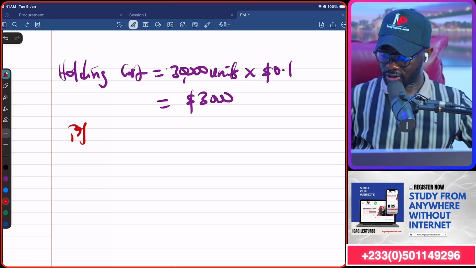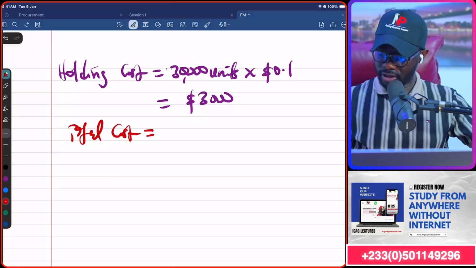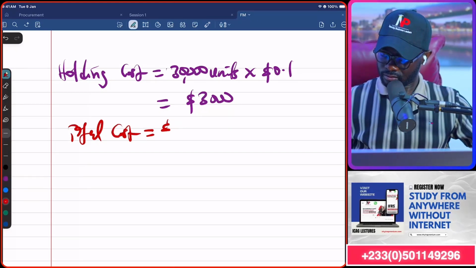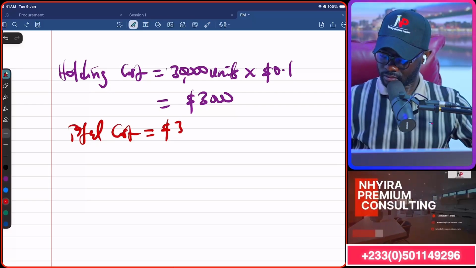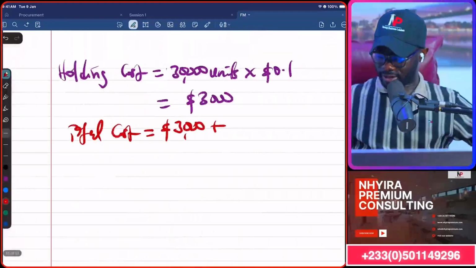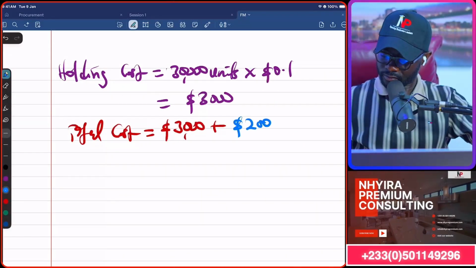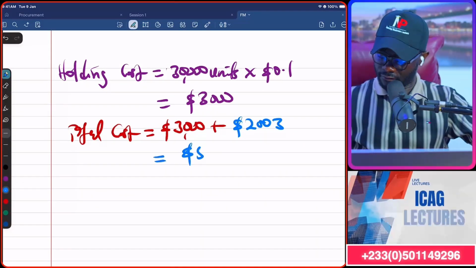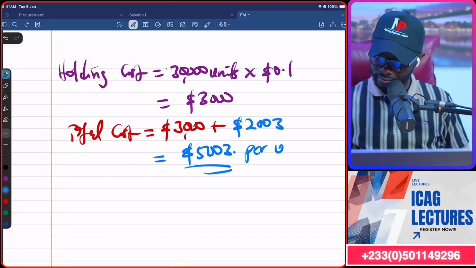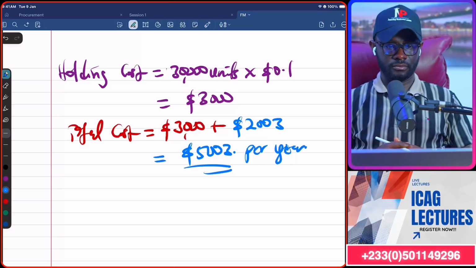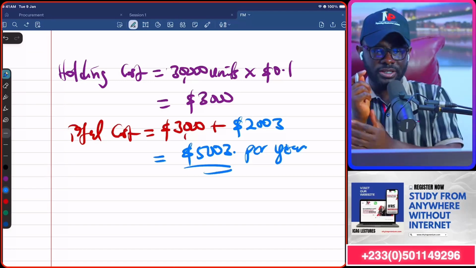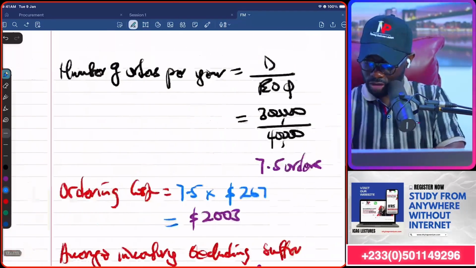So my total cost will be 3,000 plus the ordering costs, 2003. And that's going to be 5,003 per year. So in the economic order quantity, we will spend 5,000 per year for total cost of the inventory.